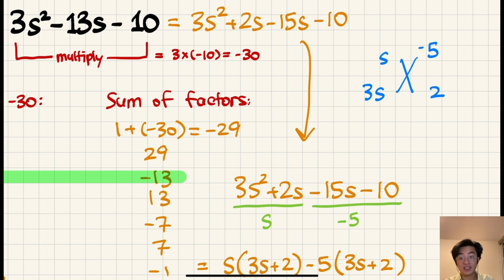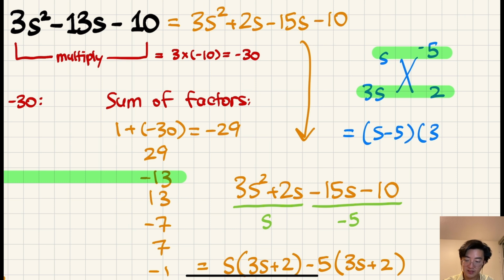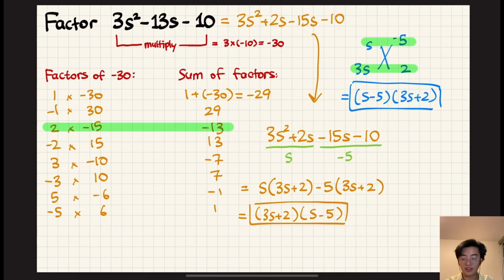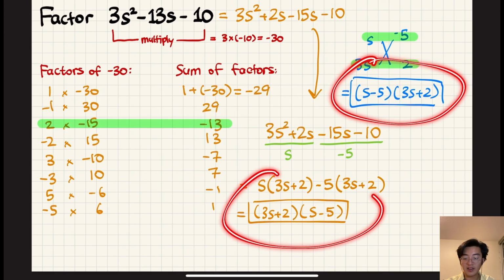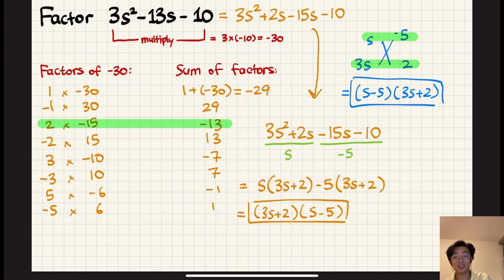So once again, s times 2 is 2s. 3s times 5 is negative 15s, which gets us negative 13s. So with the guess and check method, we find that that's the right answer. We write the answer horizontally to get s minus 5 and then 3s plus 2. So as you can see, with the guess and check method, we got the exact same answer as we would have with the decomposition method.